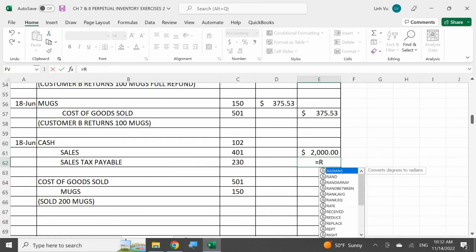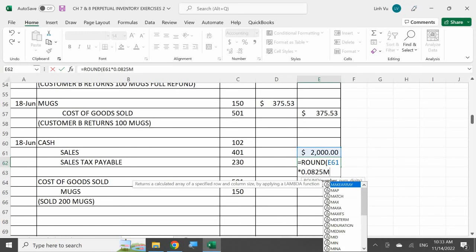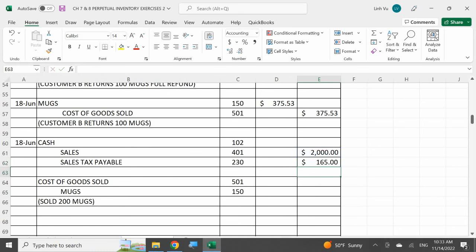The amount of tax you charged is going to be $165. So therefore, you should receive $2,165.